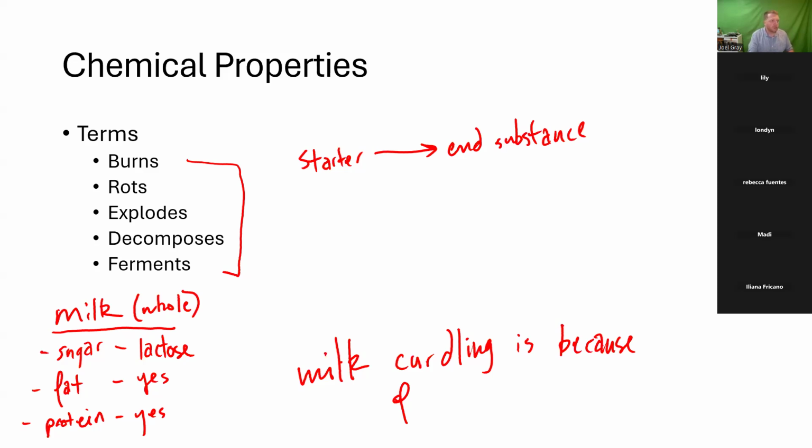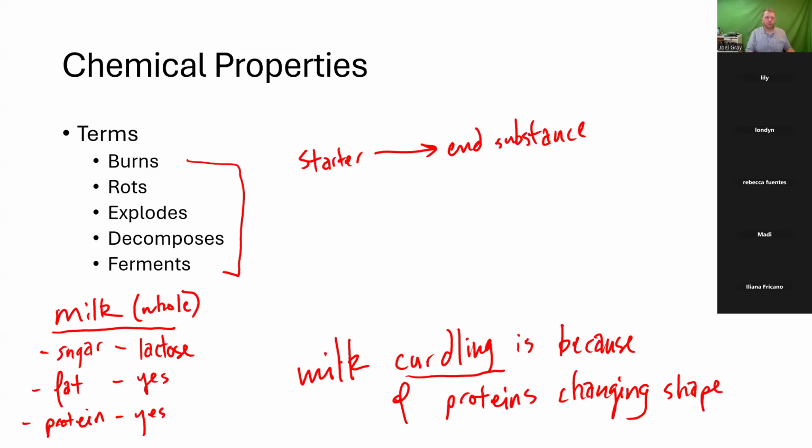Now, with that said, when milk curdles, that is the result of proteins changing. Proteins have a specific shape, but under the right circumstances, they'll unfold and take on a different shape. So milk curdling is because of proteins changing shape.